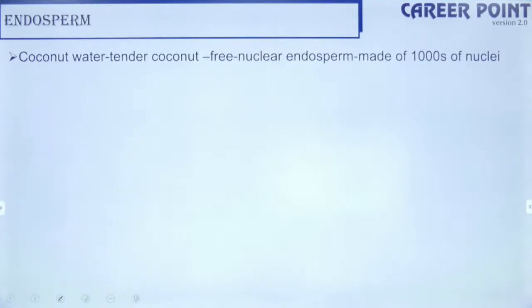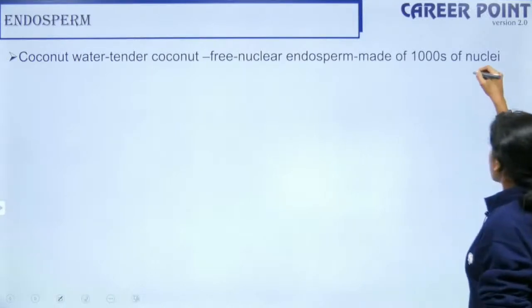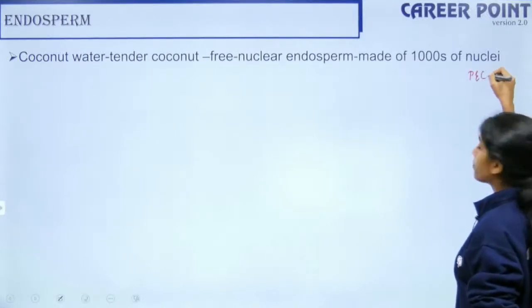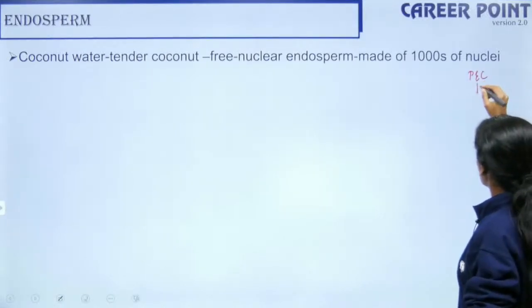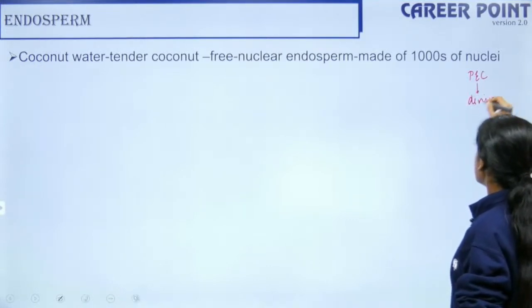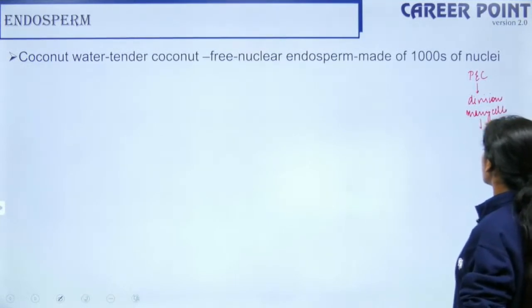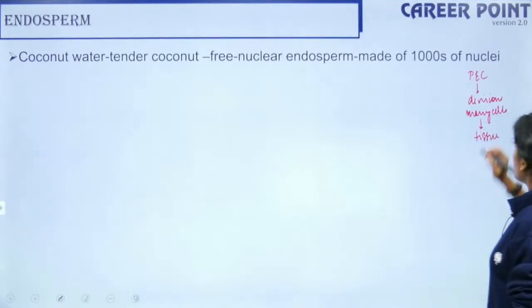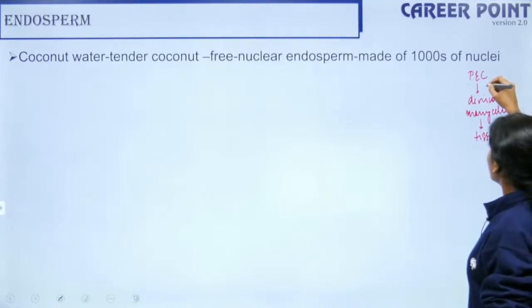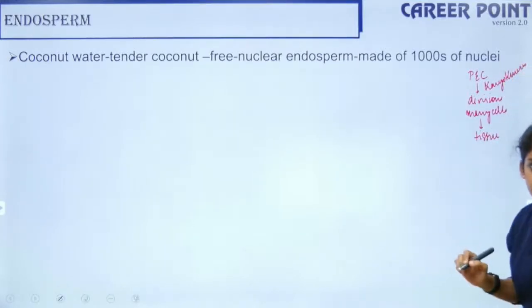It is made up of thousands of nuclei. Don't get confused. So we have the primary endosperm cell, right? This undergoes divisions and forms many cells, and thus forms a tissue. Initially it only divides the nucleus. First karyokinesis happens, then cytokinesis happens.